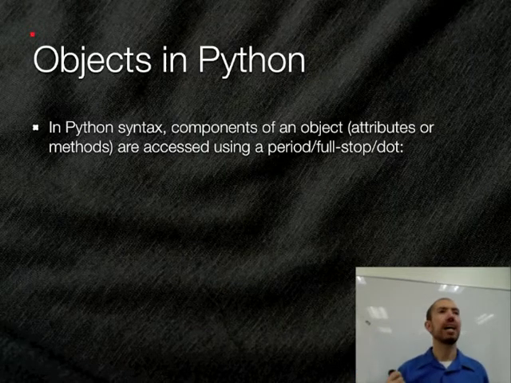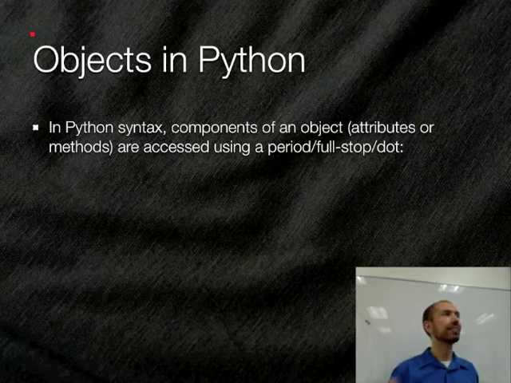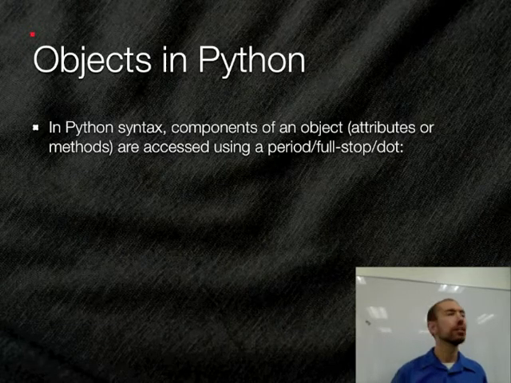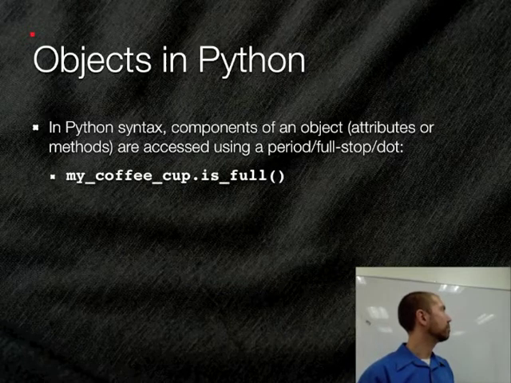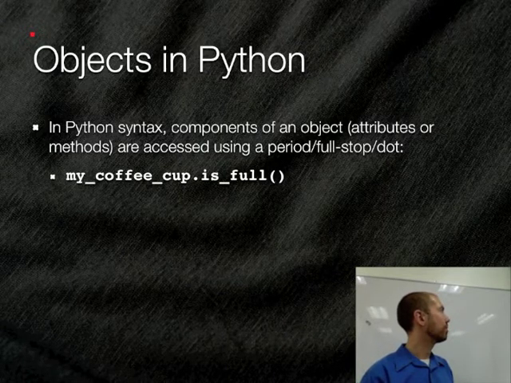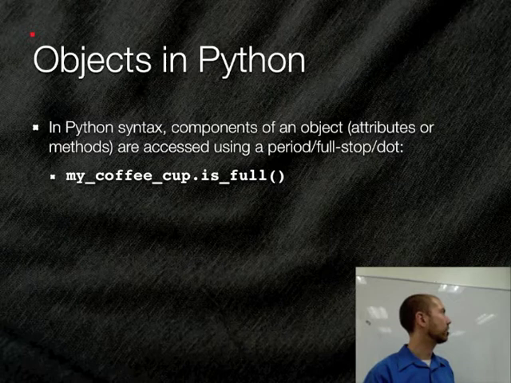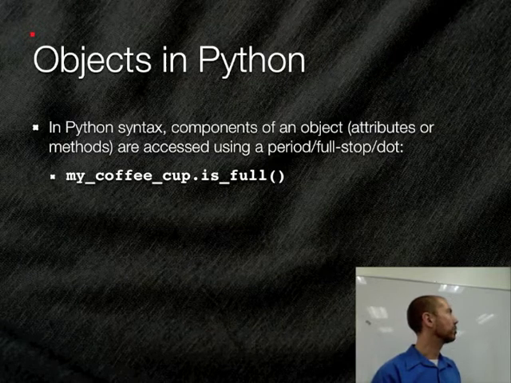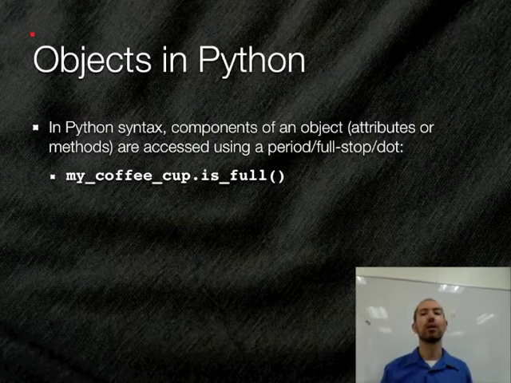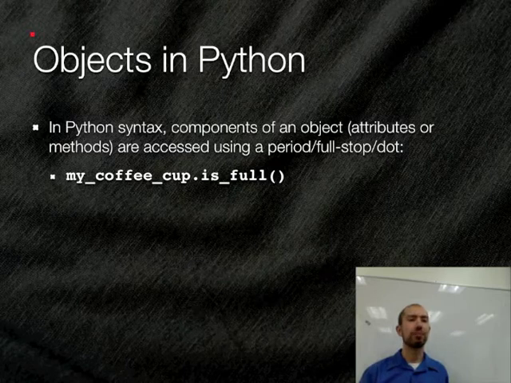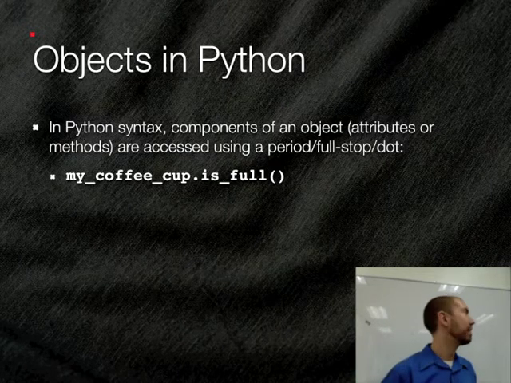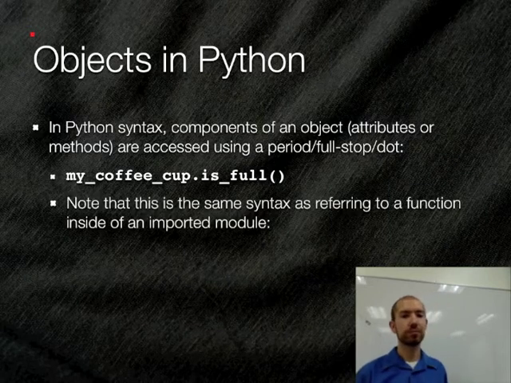So if you want to access the attributes, if you want to ask the coffee cup something about itself, or if you want to have it do something, you have to access its attributes or methods by using a period or a full stop or a dot or whatever you want to call it, right? So if we have a coffee cup and we want to ask it if it's full, we would say my coffee cup dot is full, parentheses, right? So this would look for a method that the coffee cup implements called is full, and the coffee cup, if it has that method, would come back and say whether or not it's full.